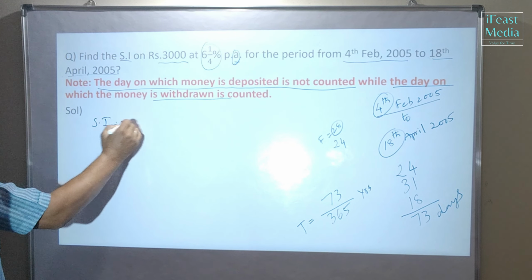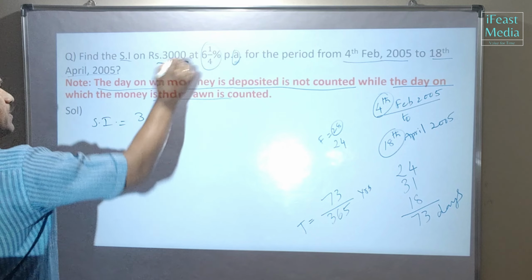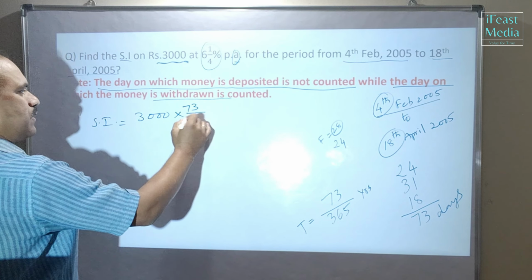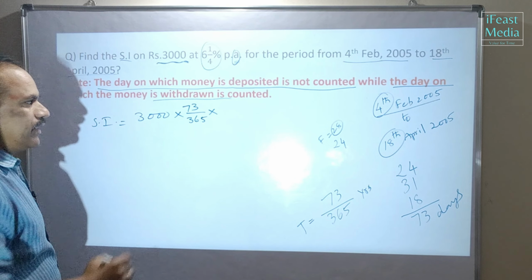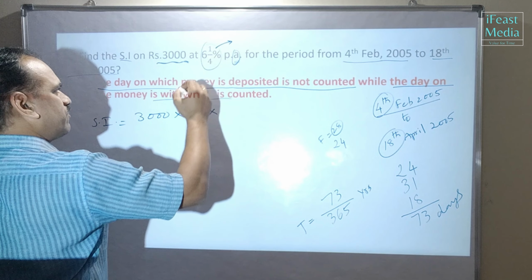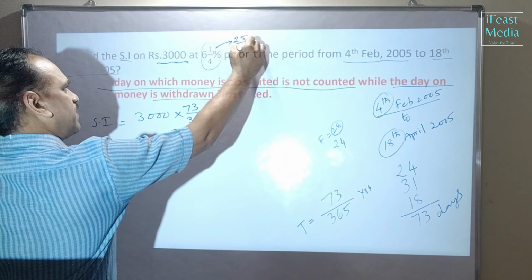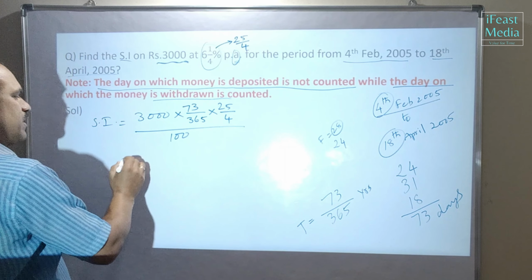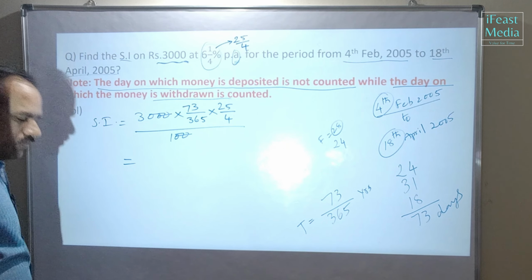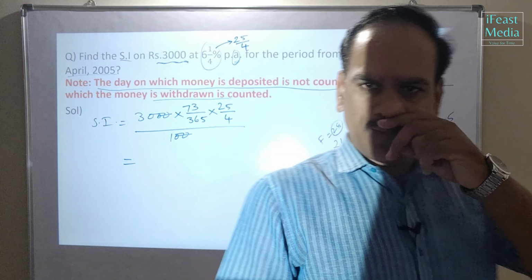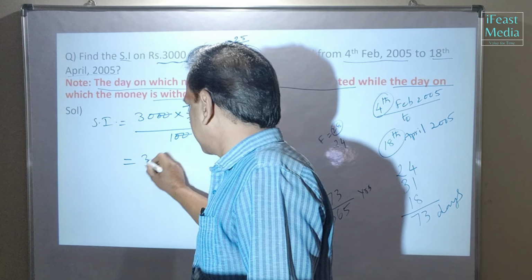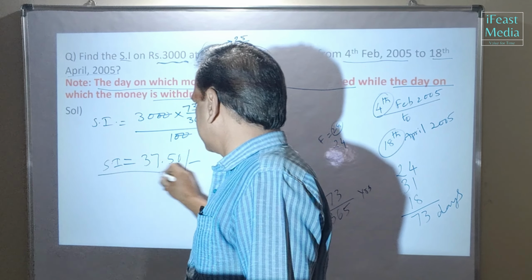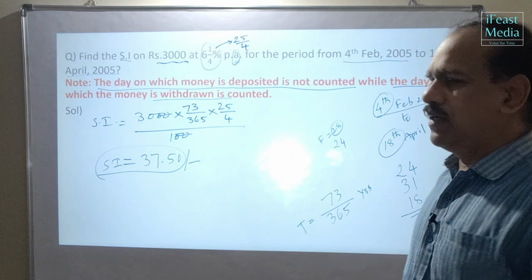Simple interest is 3,000 rupees is the sum or principal, time is 73/365, and rate of interest is 6.1/4, which is equal to 25/4. It is divided by 100. So when you simplify this, what you will get is 37.5 rupees as simple interest. So that is the answer.